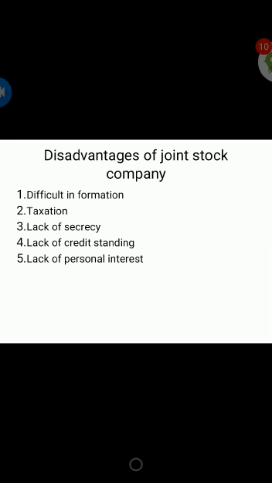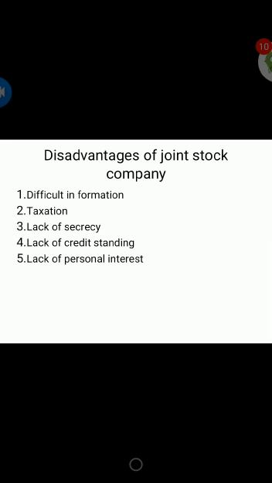The competitors get an idea of whether the company is strong or weak, so they may frame a strategy to overcome or defeat this company. So secrecy will not be there.